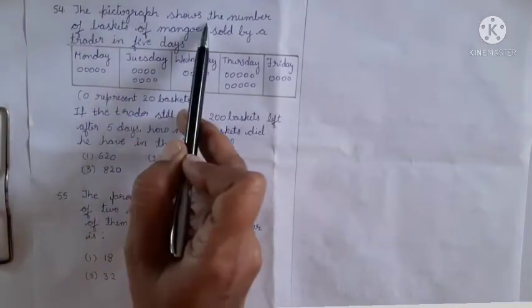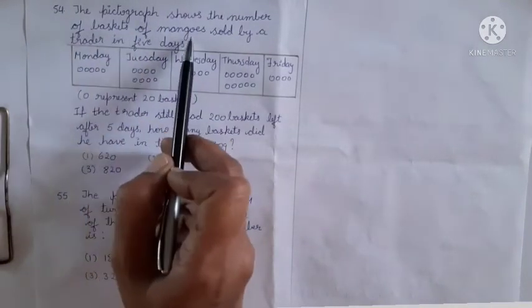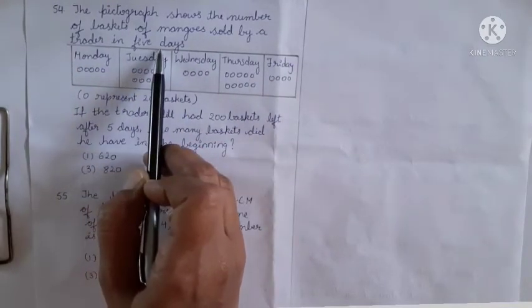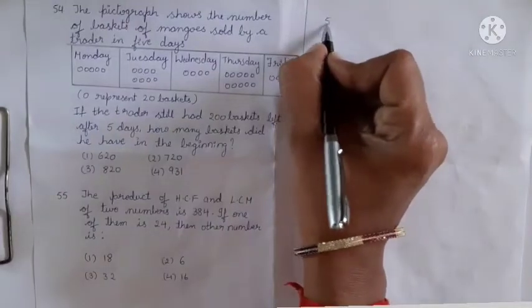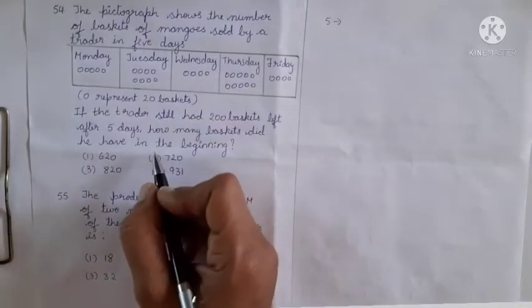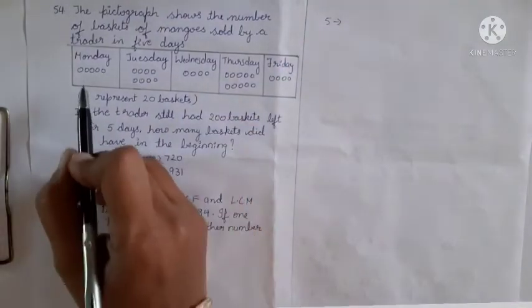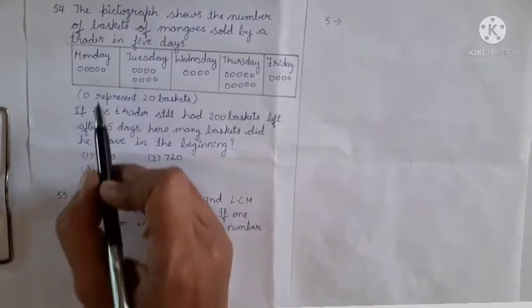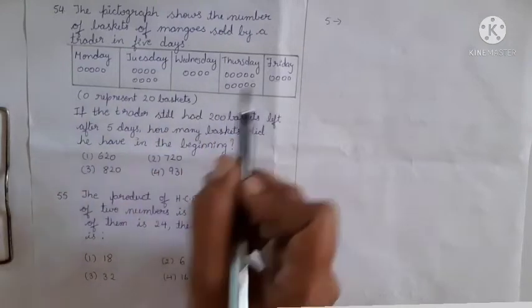A pictograph shows the number of baskets of mangoes sold by a trader in 5 days. So in 5 days, a trader sells a number of baskets of mangoes. They have given you a tabular column here, that is Monday, Tuesday, Wednesday, Thursday and Friday.